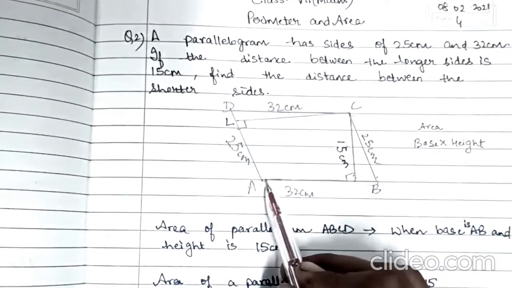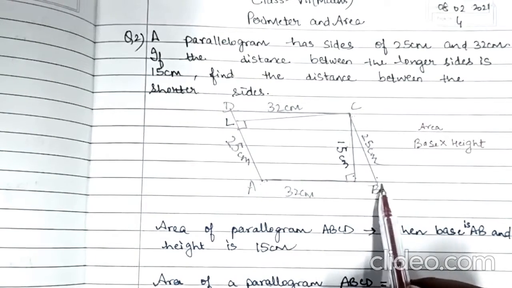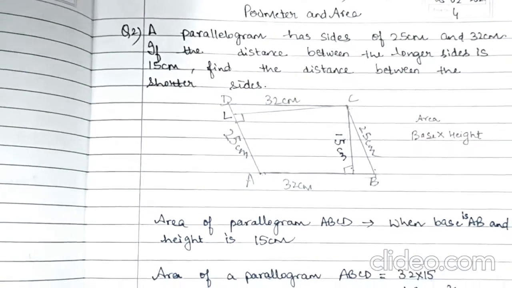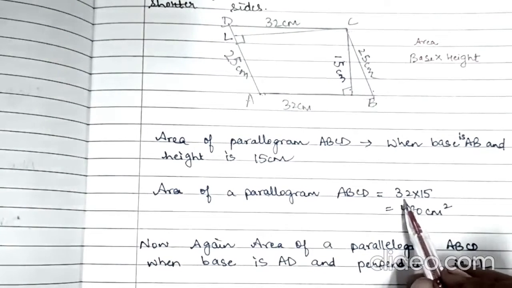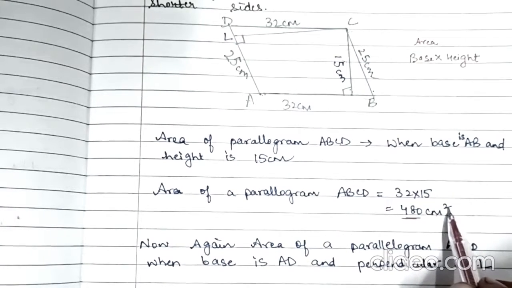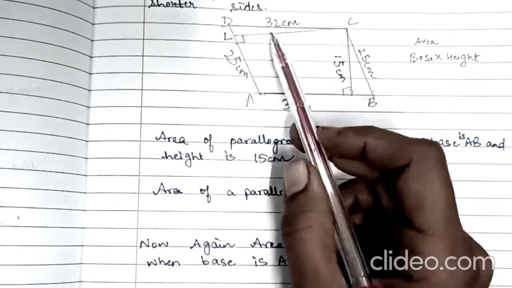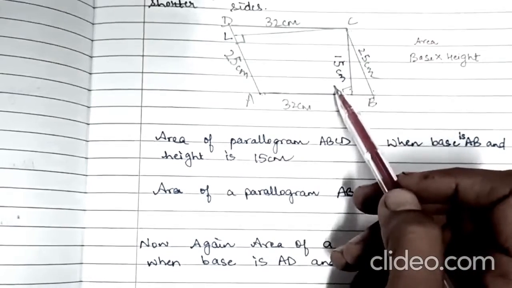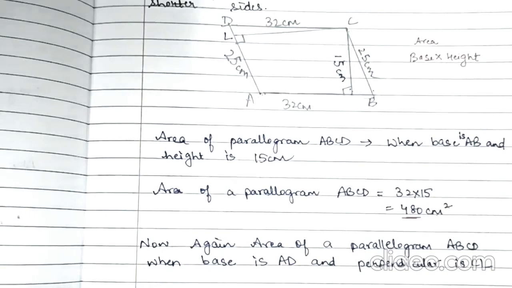Now if we take this as the height, so this will be the base. So what will be the area of a parallelogram? That is base into height gives you 480 centimeter square. Now children, whatever the height we take, the area will be same. The area will always remain same.